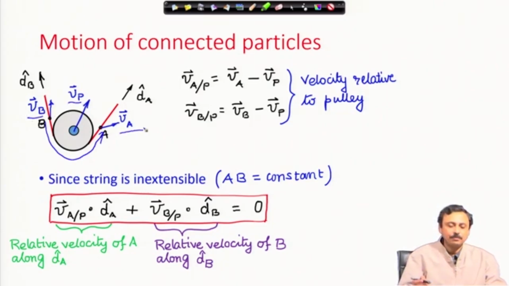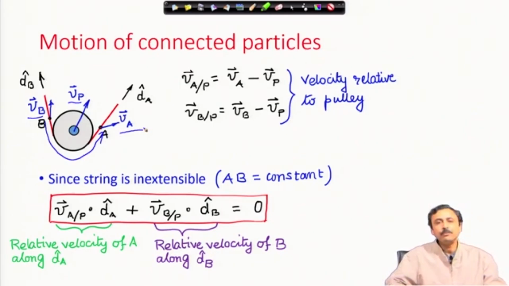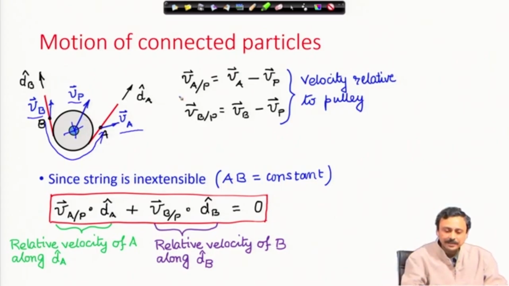VA is the absolute velocity of point A, VP is the absolute velocity of the pulley center, VB is the absolute velocity of point B. But this relative velocity is what an observer sitting at the center of the pulley will see. That is the concept of relative velocity that we have discussed. So, this relative velocity is the velocity of A as seen by an observer sitting on P.